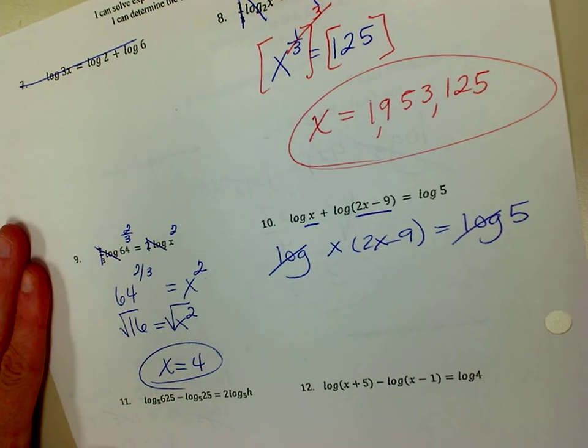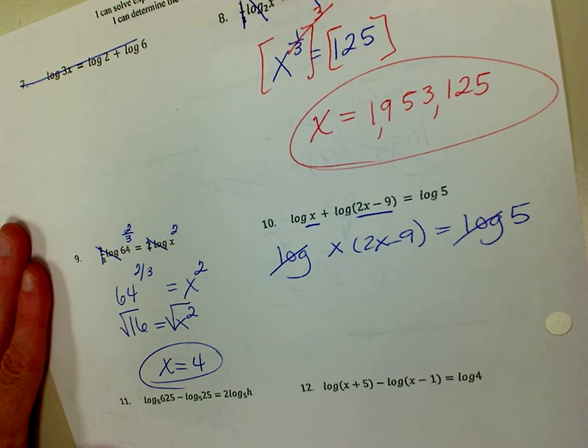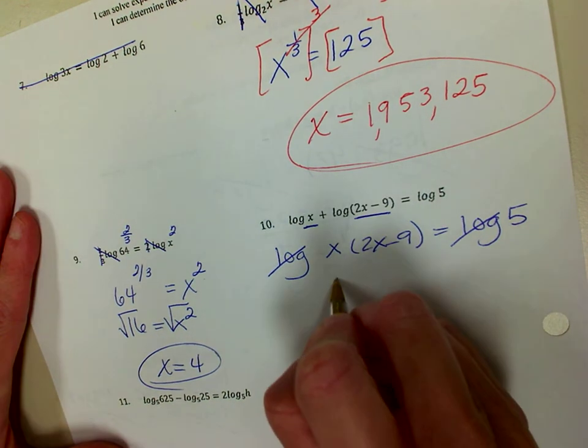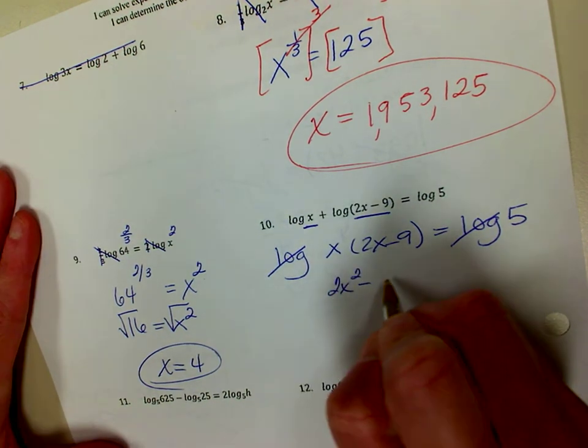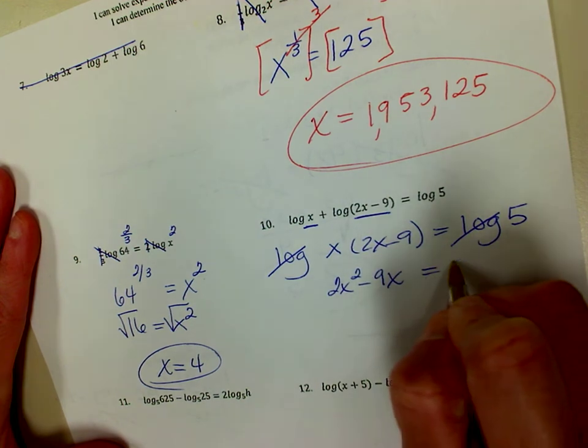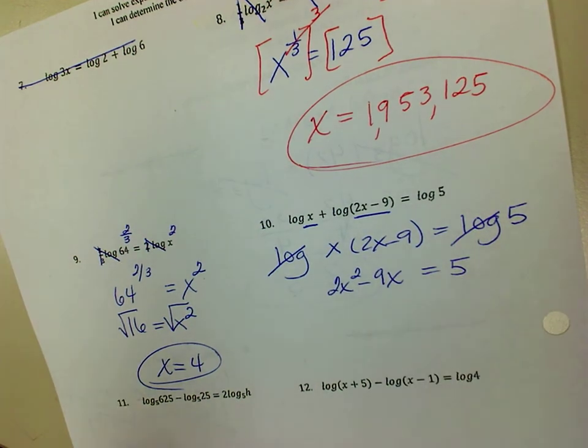This one's a little different because I'm going to have to distribute the x now. So 2x squared minus 9x equals 5. Okay, from here I can only solve for x. I can't work backwards on this one because I have an x squared and an x.